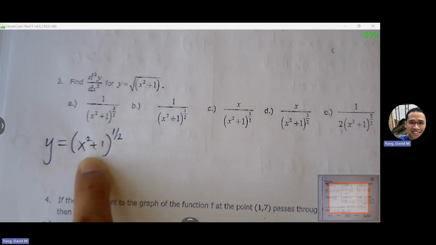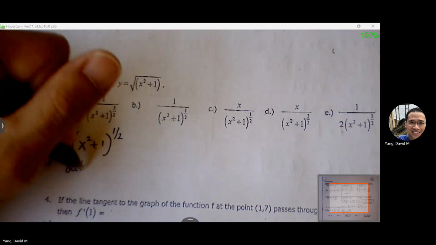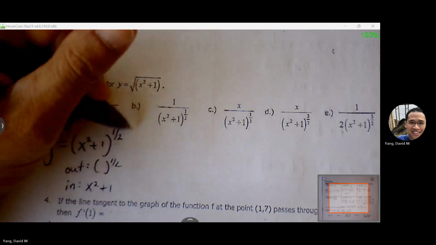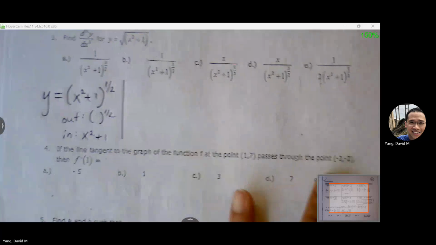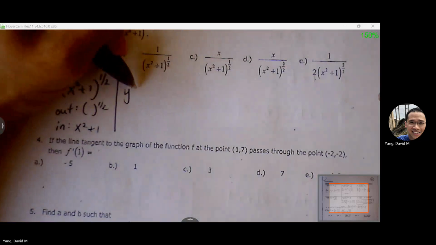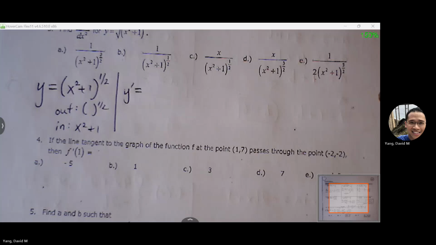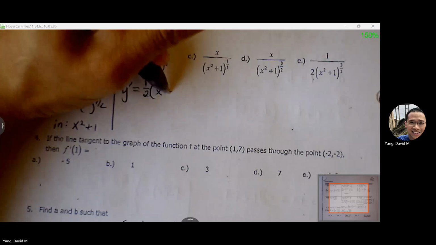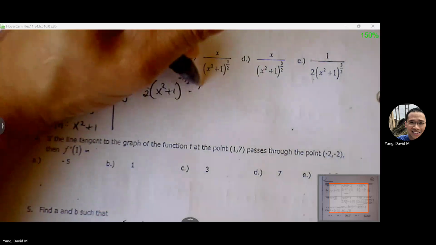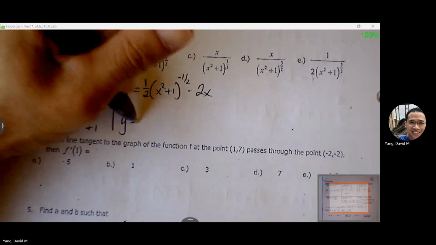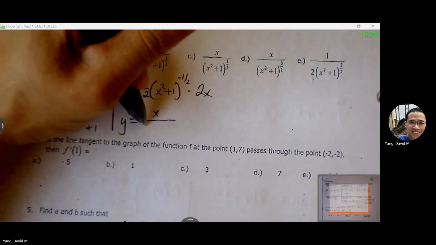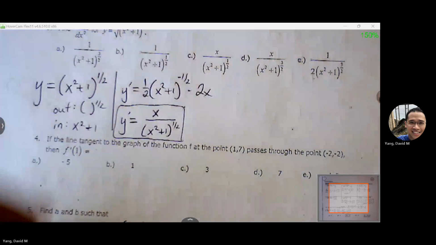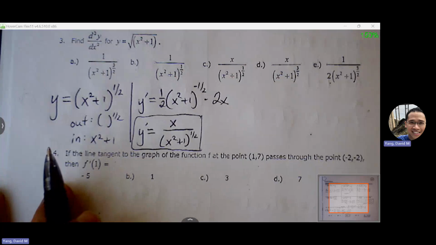This is chain rule, yeah, this is outside, inside. We'll just stop at y prime for now.